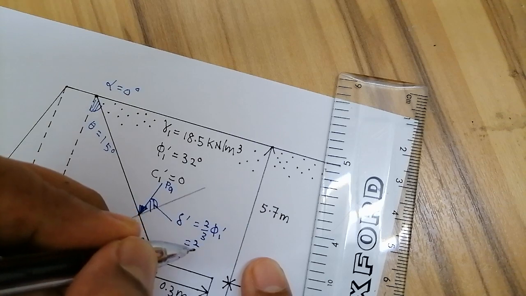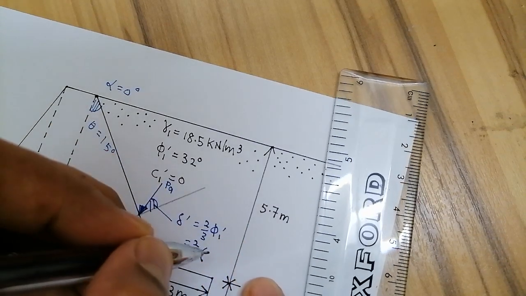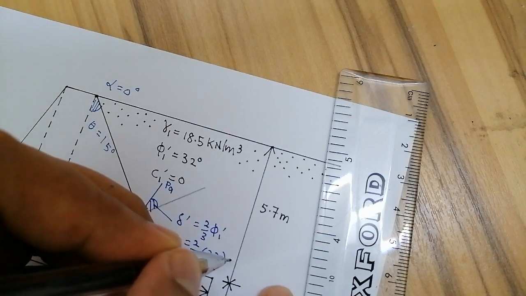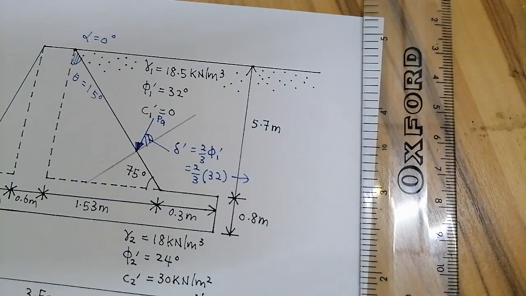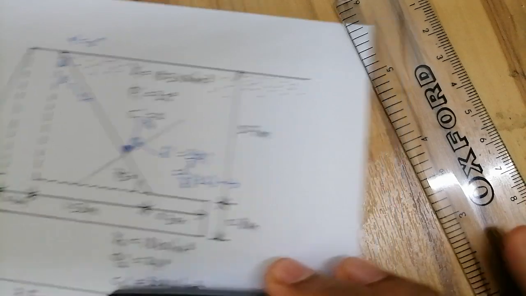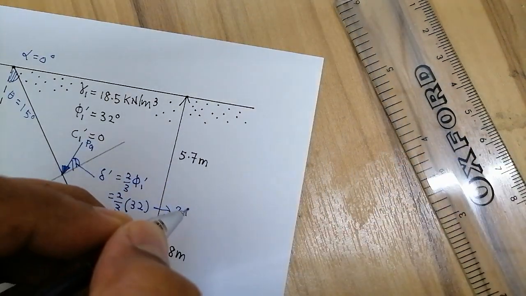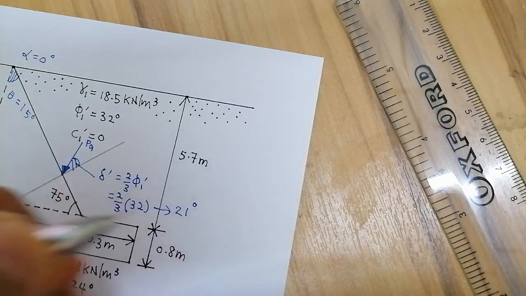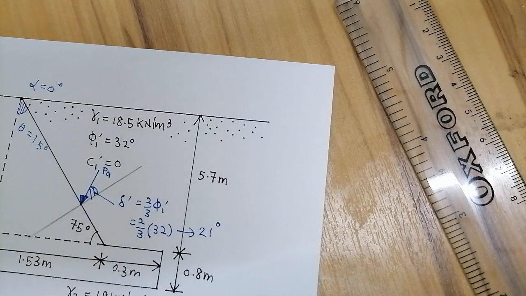This equals 2/3 times 32, so you'll get delta prime is 21.33, or just 21 degree. So this is the value of this angle.